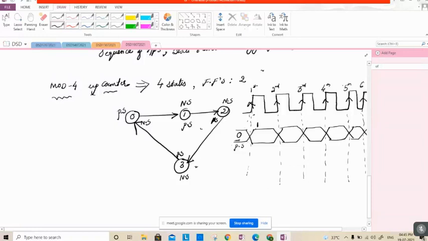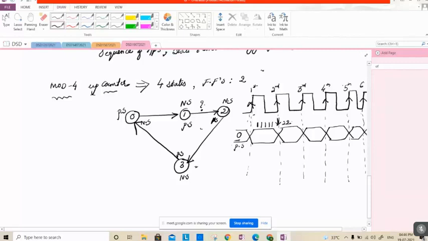Now, does this 1 become 2 immediately? What is the meaning of this? 1 will become 2 only at the second positive edge. Only after this. If it doesn't occur, then it will be 1 only, again 1, again 1. Whenever there is a positive edge, it will convert into 2.